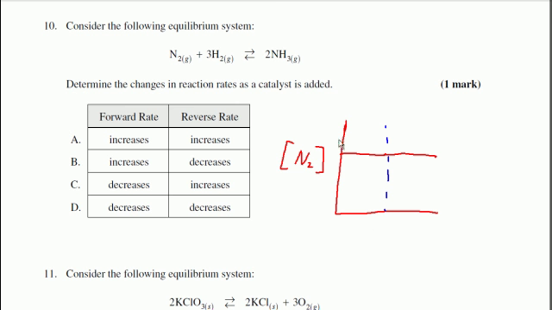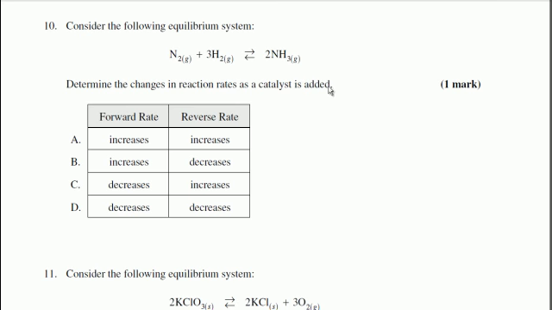Okay, and this graph is completely correct, and it looks like the reaction rate didn't change, but in reality the reaction rate did change, and this is what the reaction rate looks like.